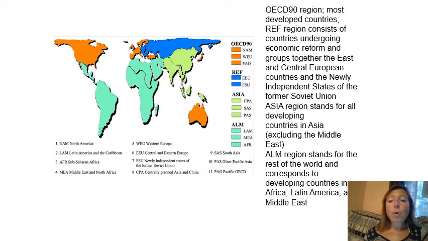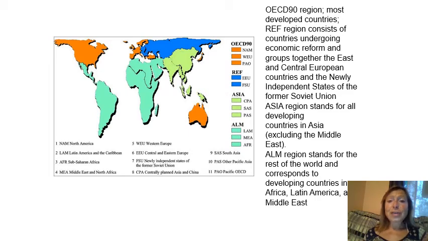Under all these storylines, the world is divided into several major regions, and these regions are essentially defined based on the level of economic development. Those families of scenarios are fine-tuned for the geographic differences of all these regions.